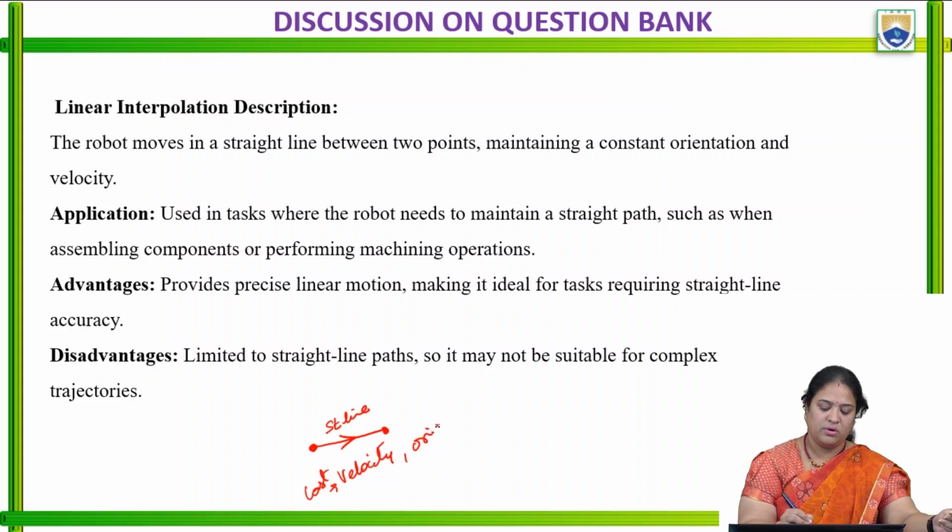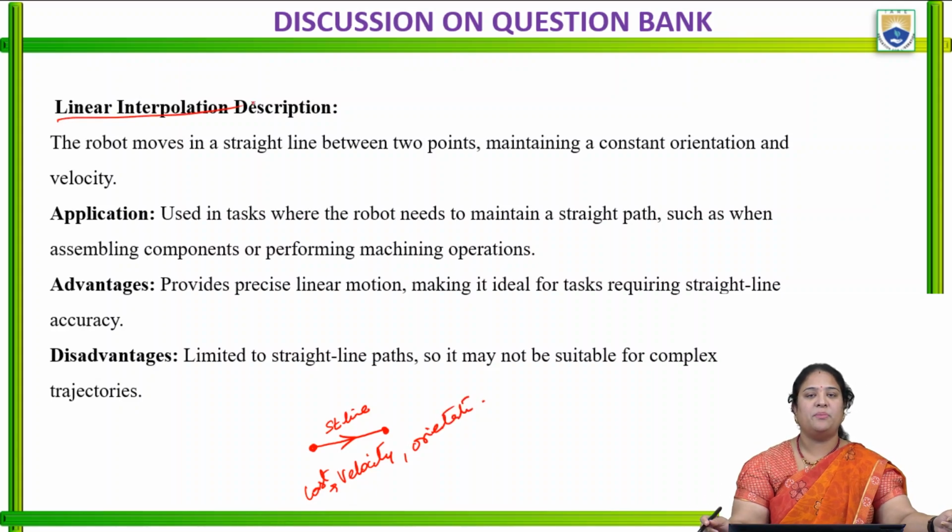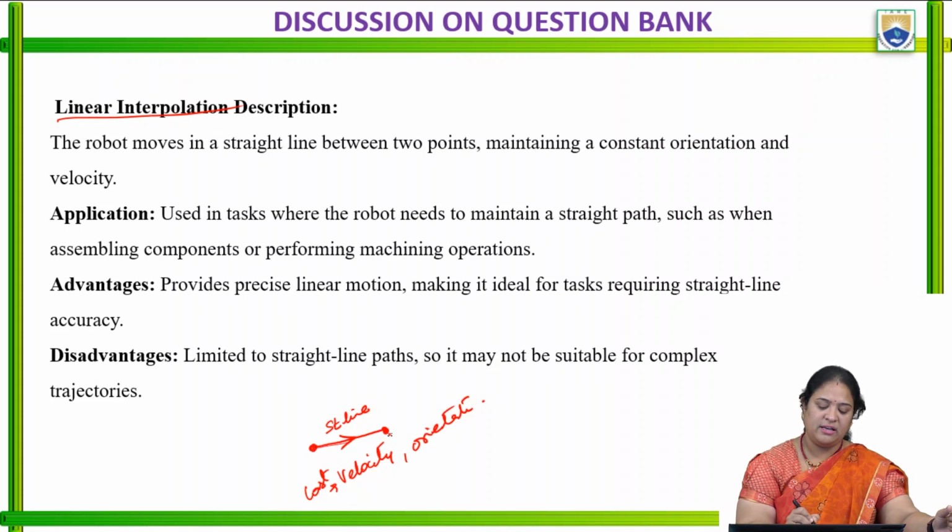The robot moves in a straight line from one point to the other, with a constant velocity and orientation.